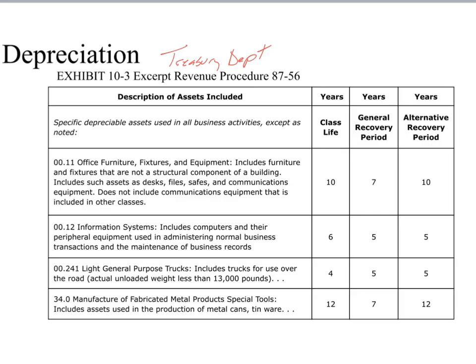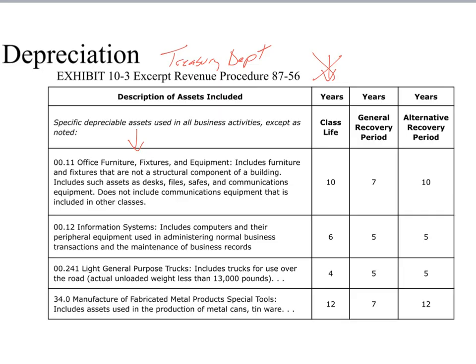All right, but let's look at this chart. You've got specific depreciable assets here. This is class life. Each asset has an asset class, and under certain conventions, you can depreciate a class of assets together. We are not particularly concerned with this column at this time.